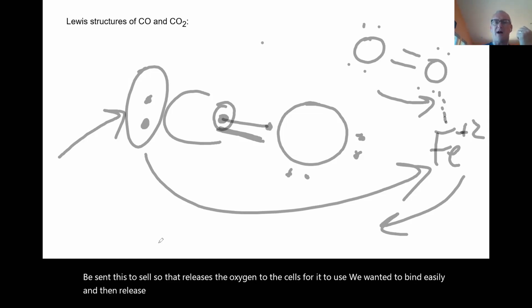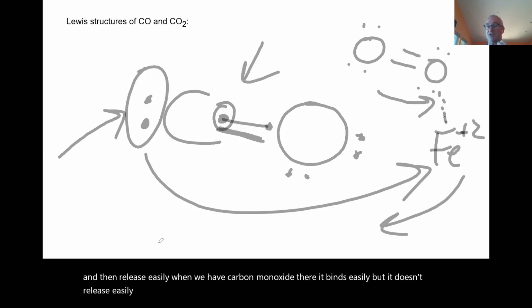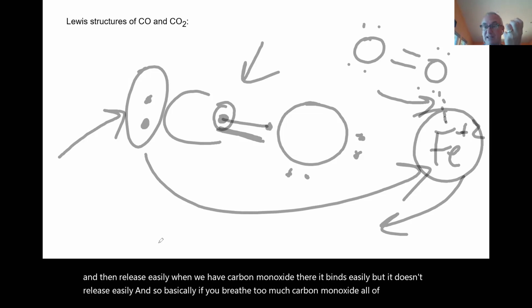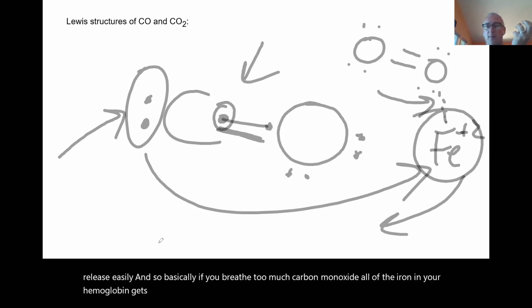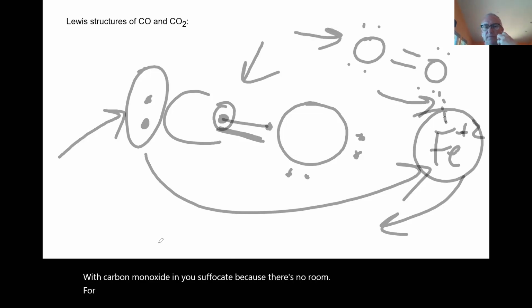But when we have carbon monoxide there, it binds easily, but it doesn't release easily. And so basically, if you breathe too much carbon monoxide, all of the iron in your hemoglobin gets bound up with carbon monoxide and you suffocate, because there's no room for O2 to take over, because the carbon monoxide is stuck there for too long.